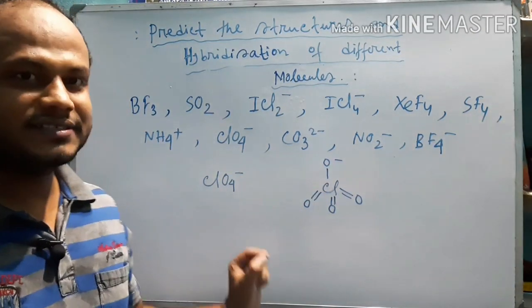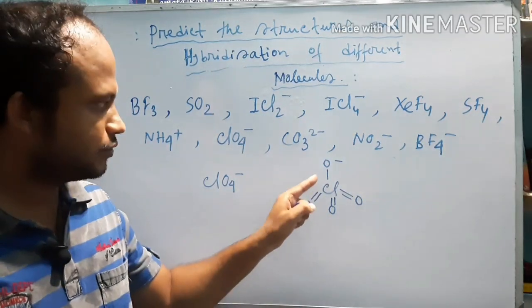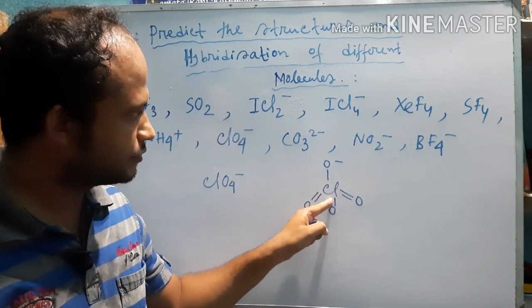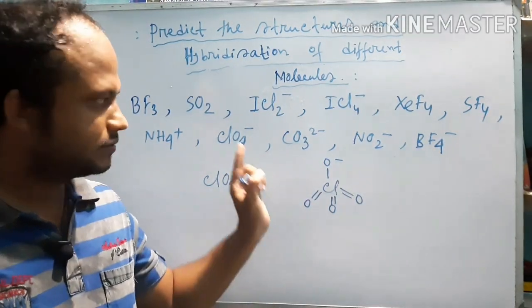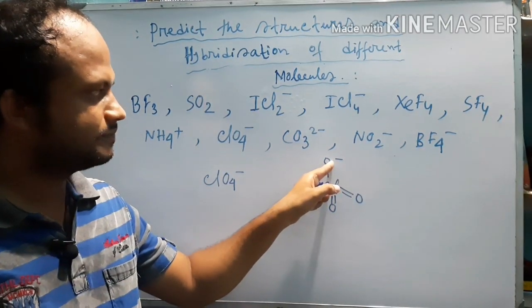Here the valence electron of chlorine is 7. So calculate the valence electrons 1, 2, 3, 4, 5, 6, 7. Clear? The minus charge is borne on 1 oxygen atom.